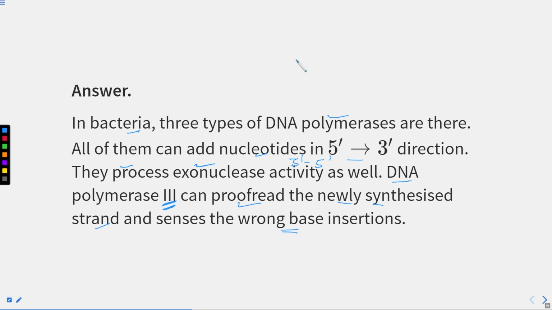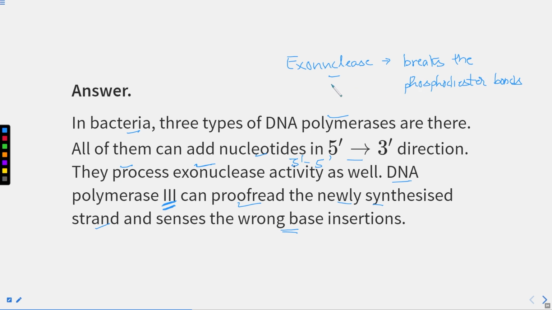So what happens during the exonuclease activity, or during the proofreading? This DNA polymerase, which has the exonuclease activity, breaks the phosphodiester bond. The nucleotides are attached with the help of phosphodiester bonds. So it breaks the phosphodiester bond between the nucleotides and thus releases the nucleotide, and then it inserts the right nucleotide.